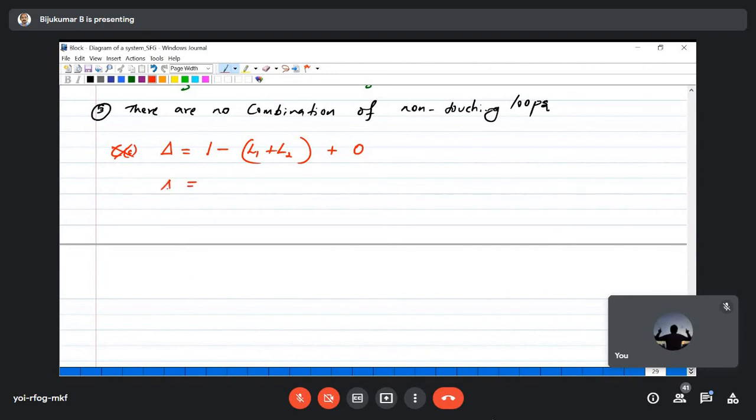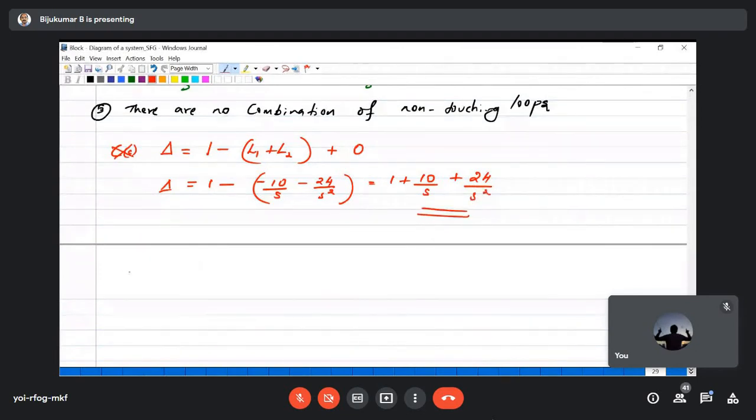So delta becomes 1 minus (minus 10 by S) minus (24 by S square). So this can be written as 1 plus 10 by S plus 24 by S square. Right. So the next step is you have to find delta 1.